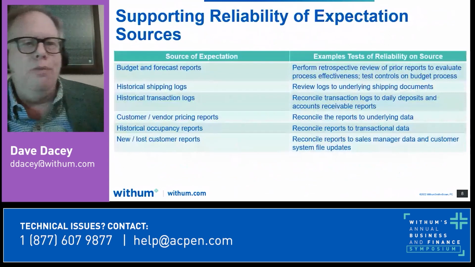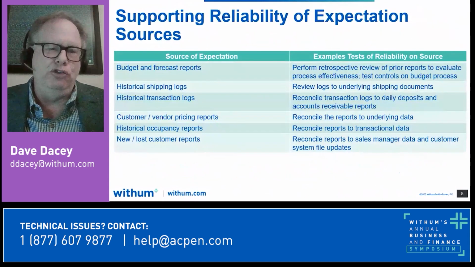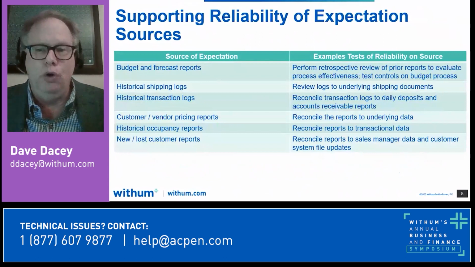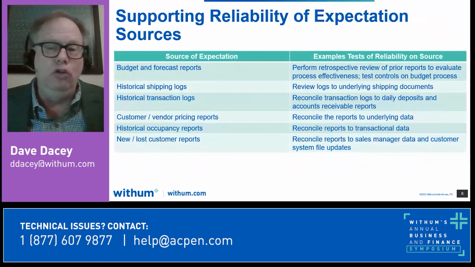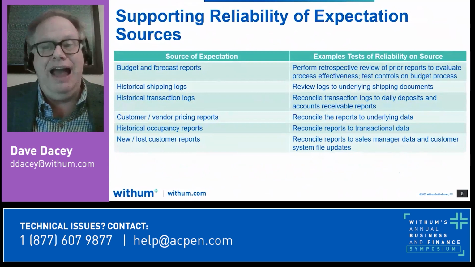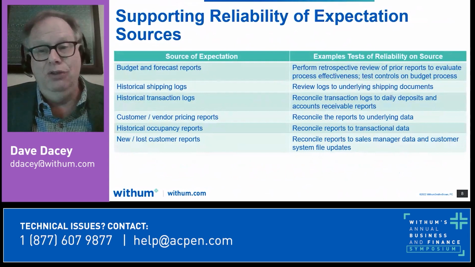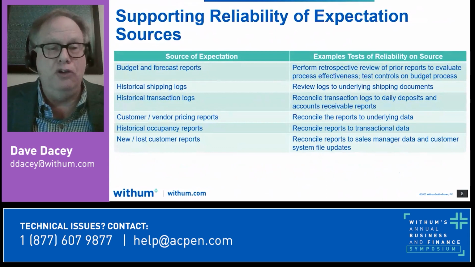So how exactly do we go about testing reliability of an expectation source? So I give you some examples here. If you look at budget and forecast, for example, we might do what's called a retrospective review or a look back review of prior developed budgets or forecasts, just to get a sense as to how management's estimation process is. How their historical process is with respect to developing a budget or a forecast can lend itself to reliability of those budgets and forecasts in the future.